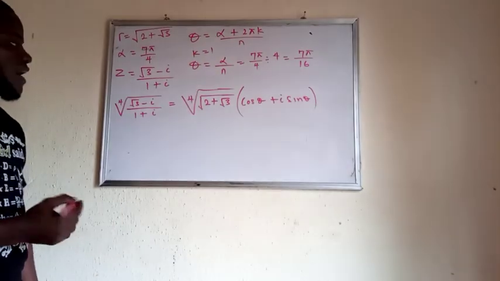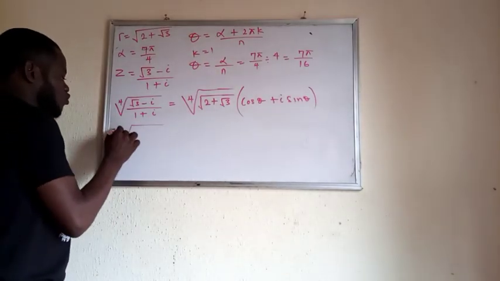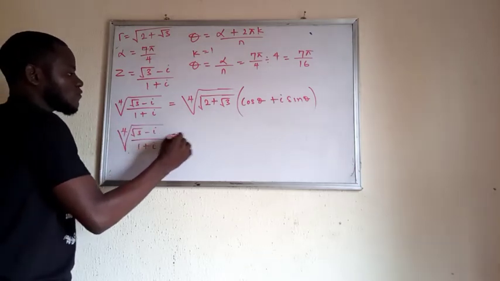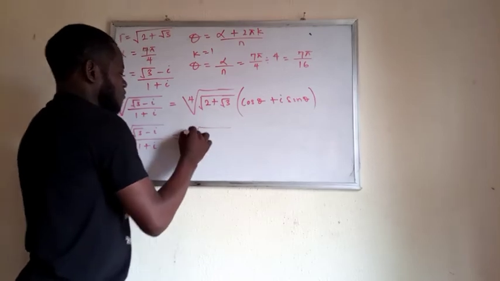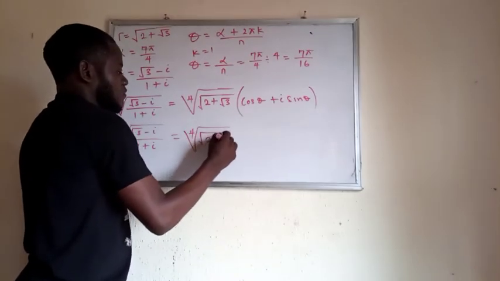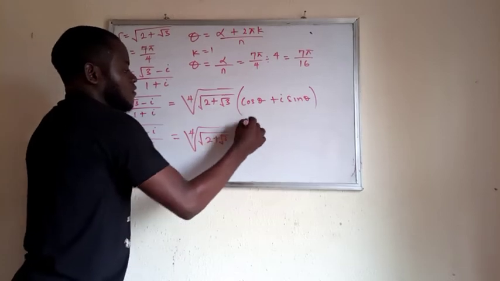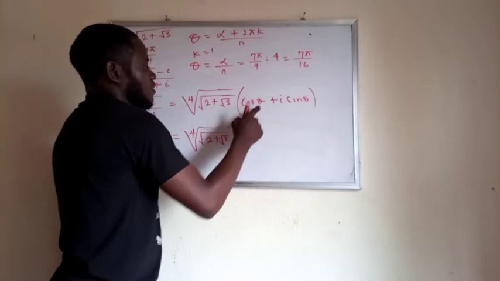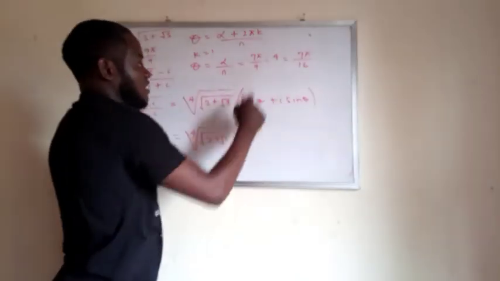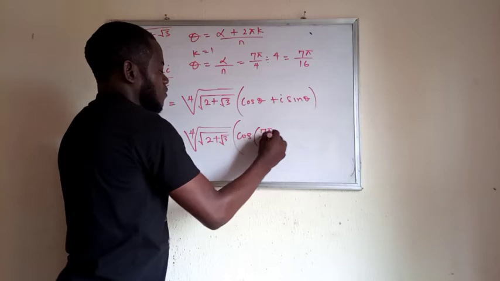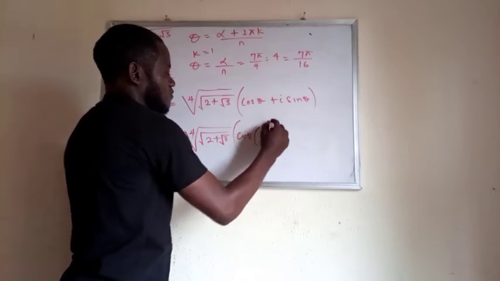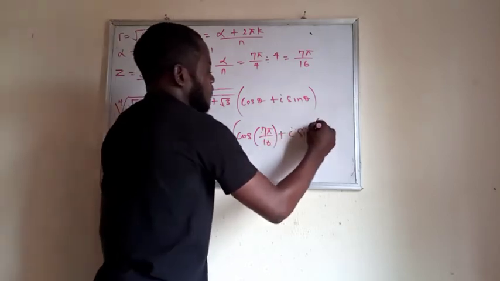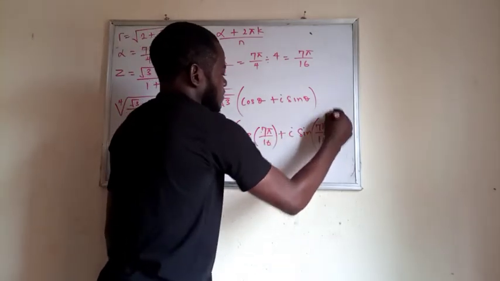16. Hence, the first root, we are looking for the fourth root. So our first value will be cos, our theta is going to be 7 pi over 16, plus I sine 7 pi over 16.